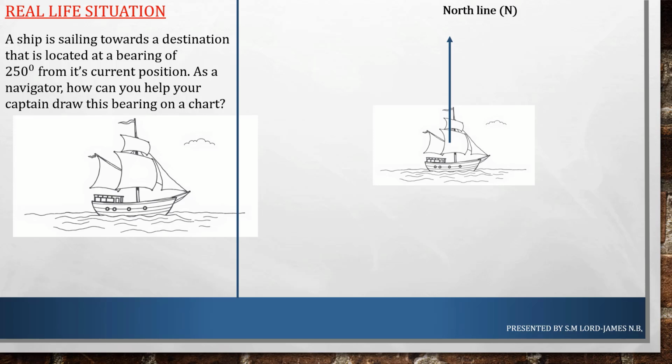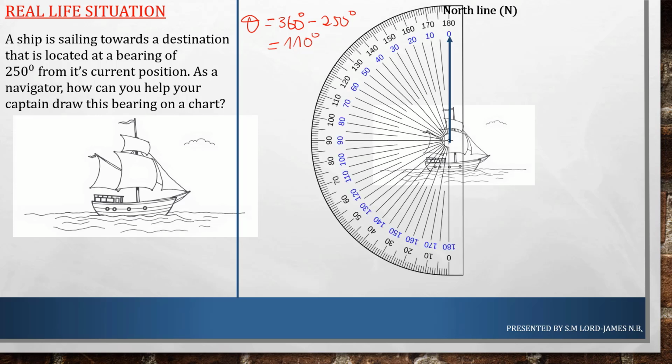What's the next thing we do? We have to measure the given bearing, but since it is more than 180 degrees, we have to calculate the equivalent angle, which will be 360 degrees minus 250 degrees, and this will give us 110 degrees. So we are going to place our protractor and measure 110 degrees in the anti-clockwise sense.